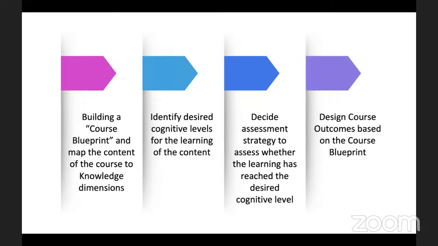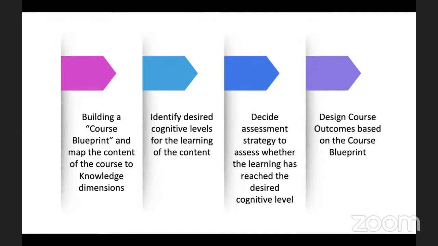And the fourth topic that we will discuss here is designing the course outcomes based on the course blueprint. So this course blueprint you can use for two purposes. One is designing the questions and the second is designing the course outcomes. This is the framework that you will require to avoid the misalignment between your instructions designing, outcomes, and the assessments.